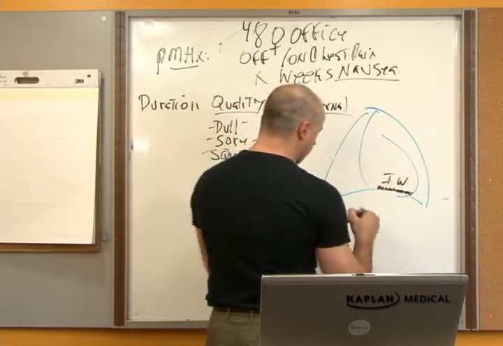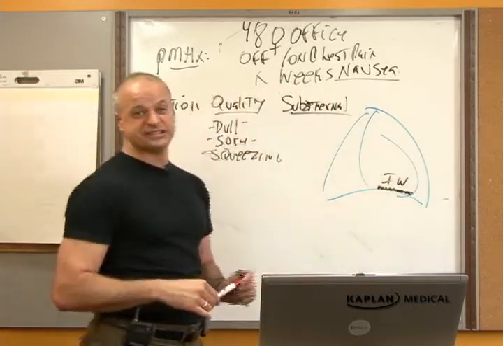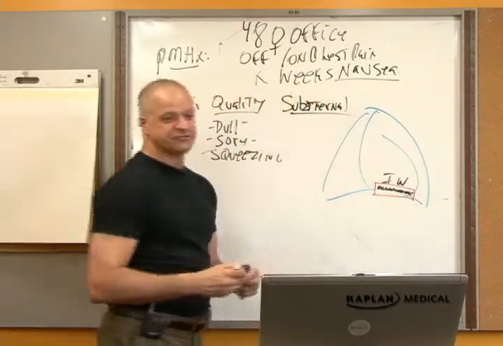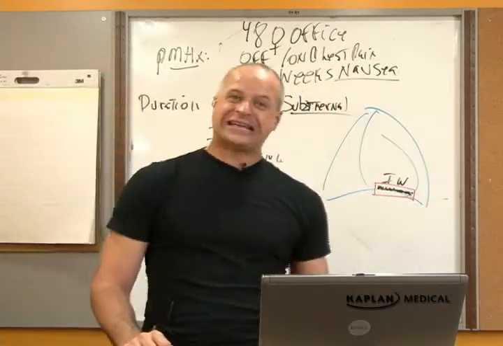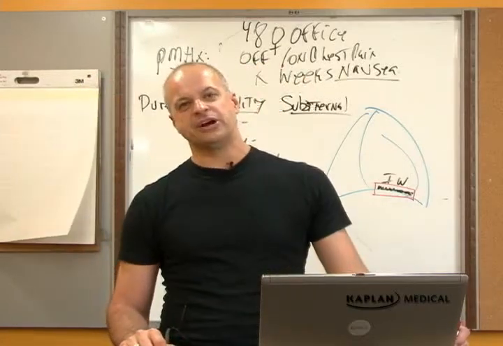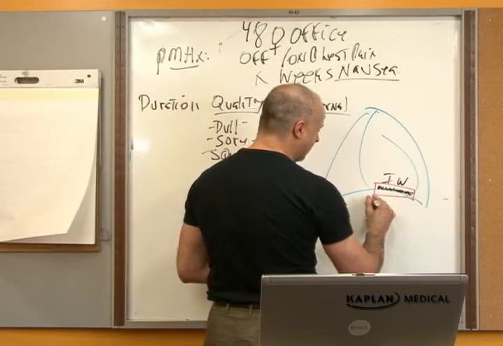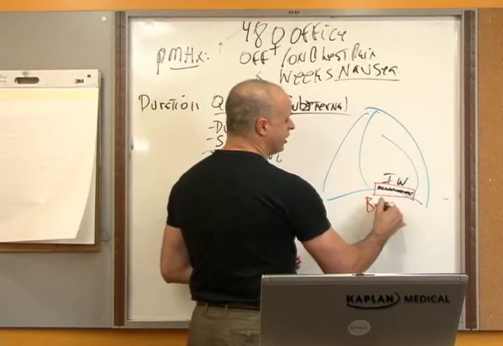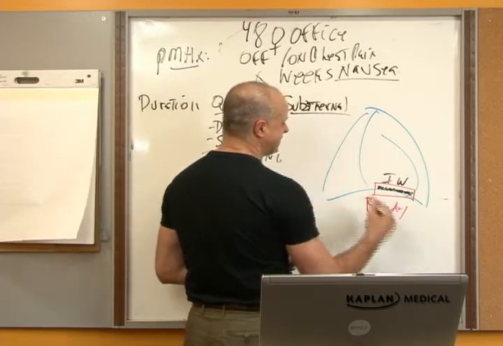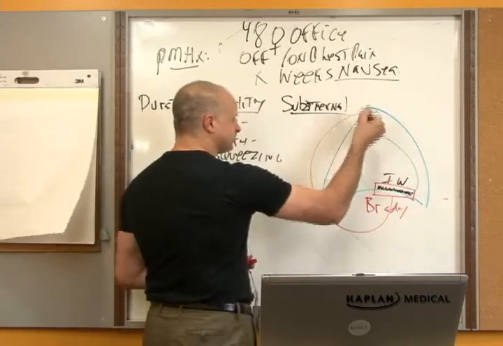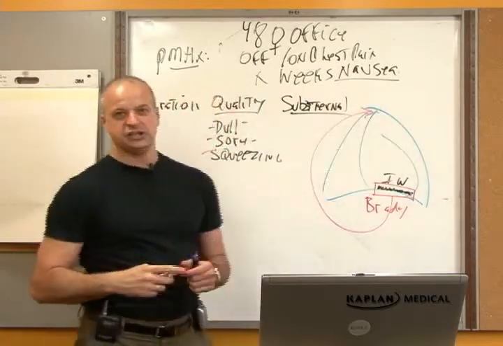So when the inferior wall is on top of that diaphragm, it ends up causing irritation that can cause diarrhea. It can cause bradycardia. Why? Because there's a vagally mediated reflex. It irritates the diaphragm, it runs up the vagus, and it causes a slowing of the heart rate.